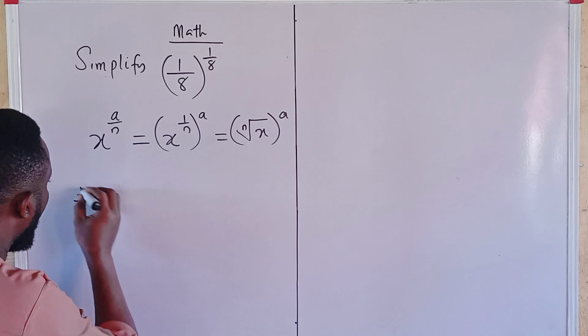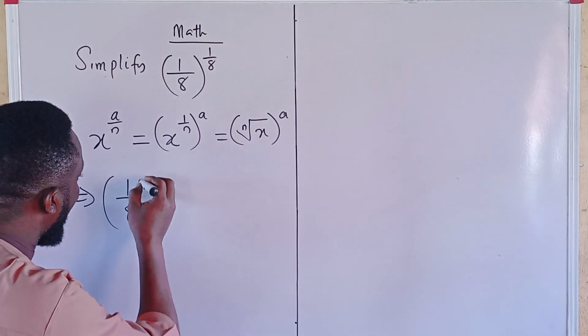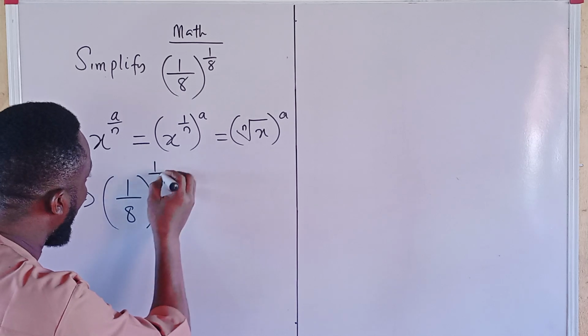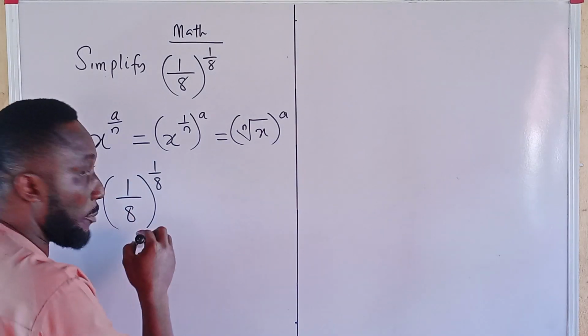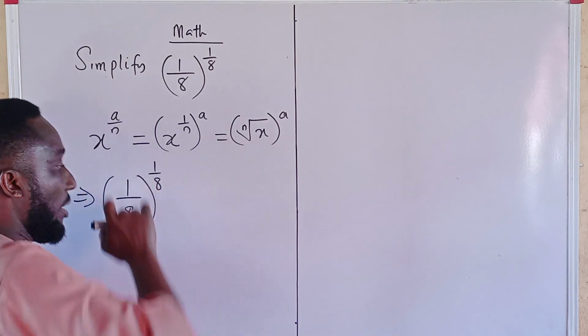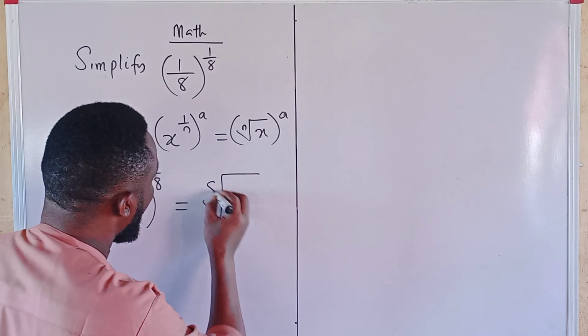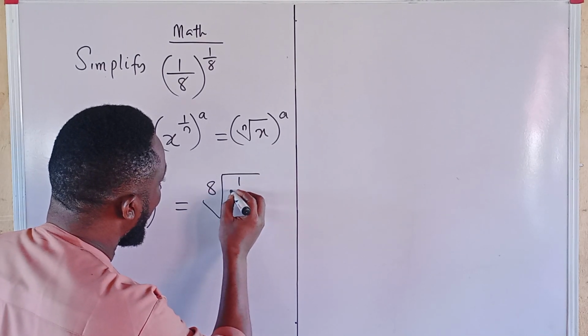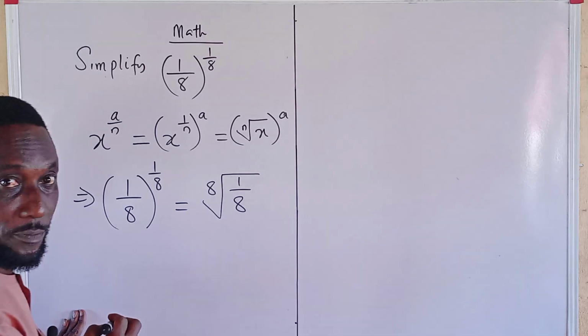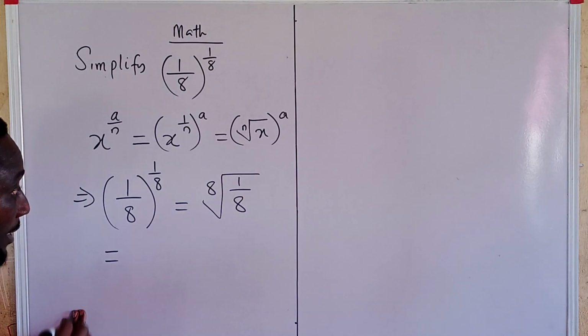I'm then going to have 1 upon 8 raised to the power of 1 upon 8. This implies I should take the 8th root of 1 upon 8. So if I take the 8th root of 1, that's going to be 1.